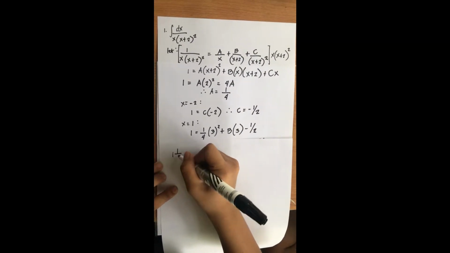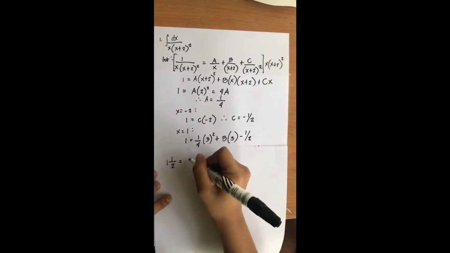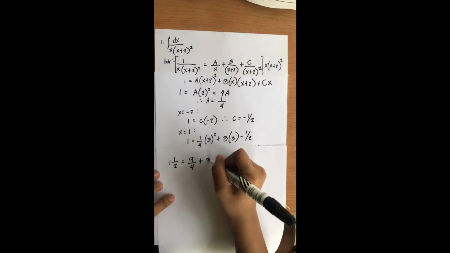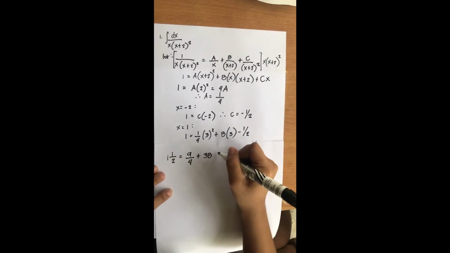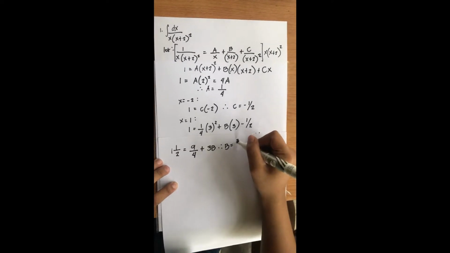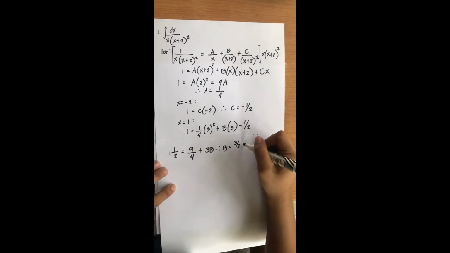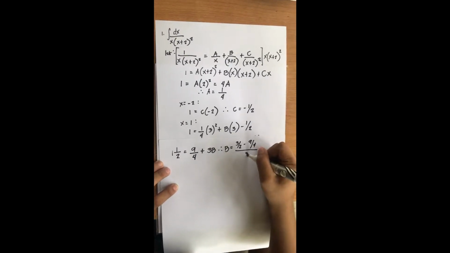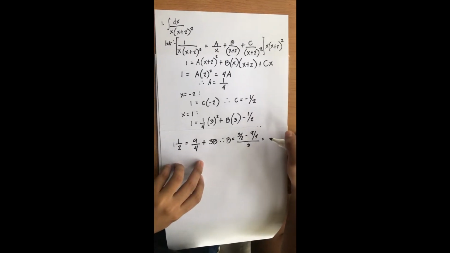Then we get 1 and 1/2 equals 9 over 4 plus 3b. b is equal to 3/2 minus 9 over 4, all over 3, which equals 1/4.